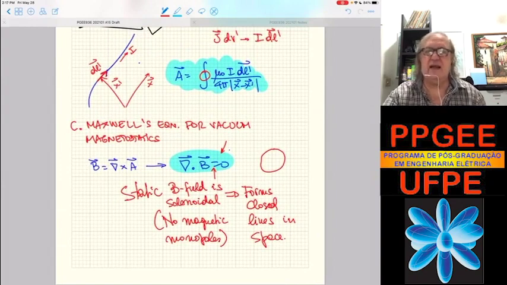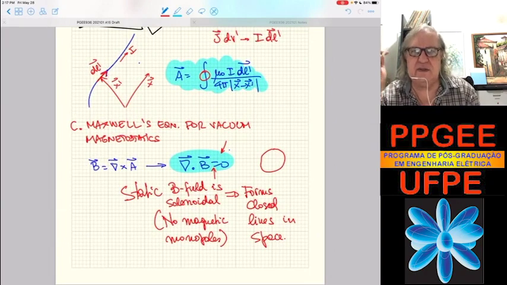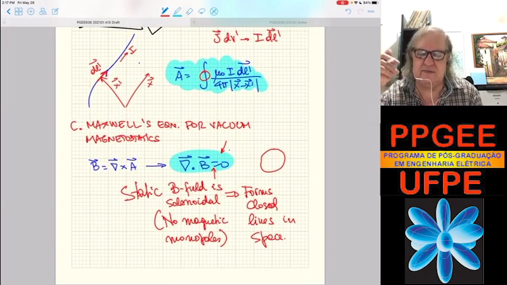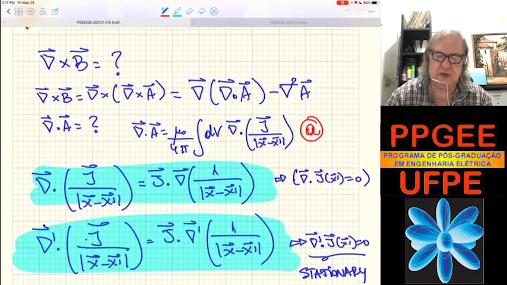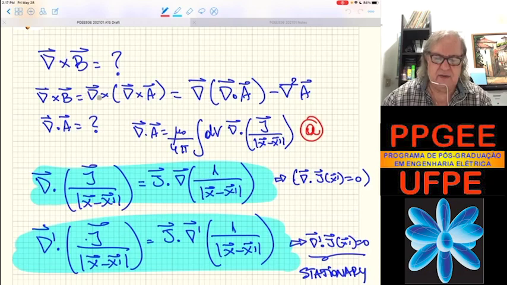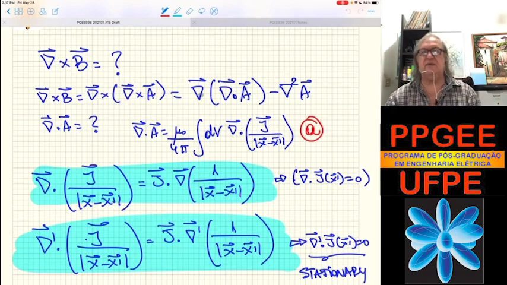We need a second relation. We need the curl of B to determine B completely. You have to determine the curl of B. So let's calculate it. What is the curl of B? Well, let's use A as our vector. So this is going to be an identity: curl of curl of A equals the gradient of the divergence of A minus the Laplacian of A. So we have to know, well, what is the divergence of A?